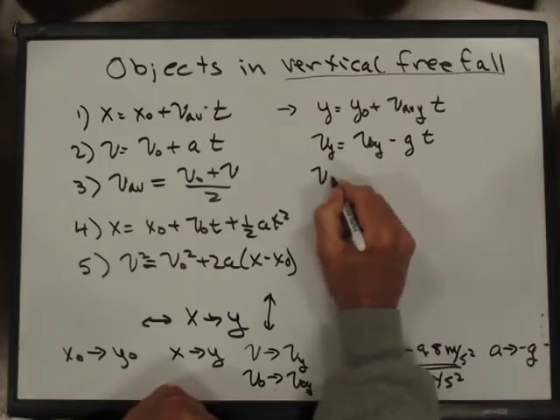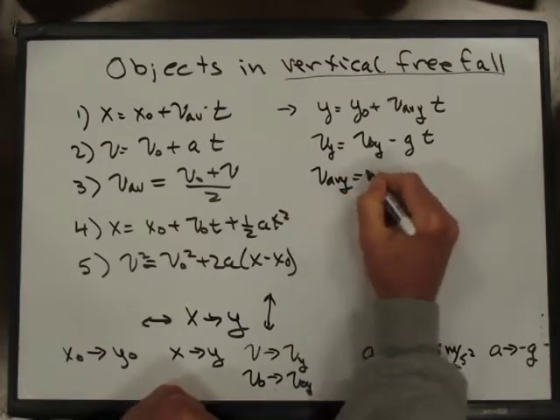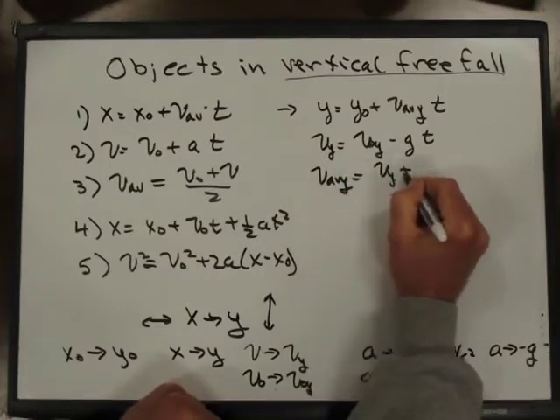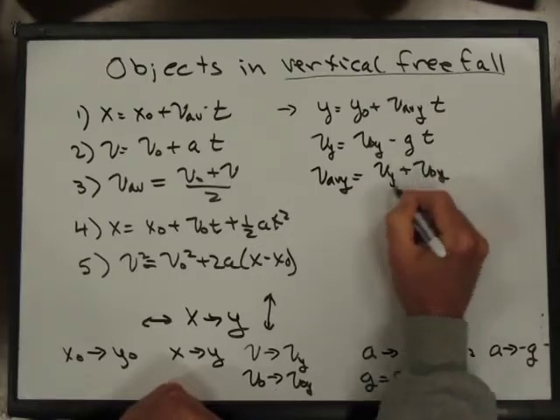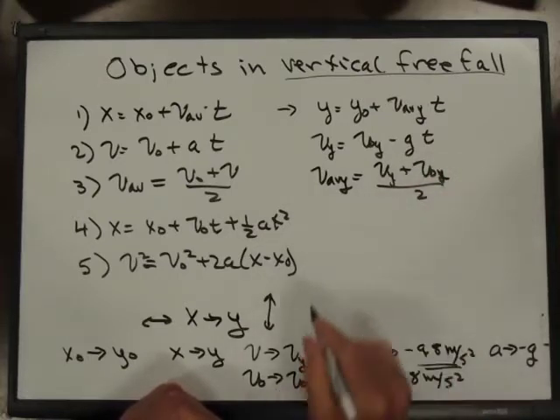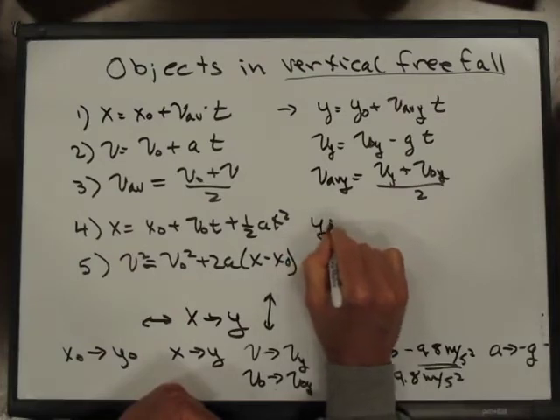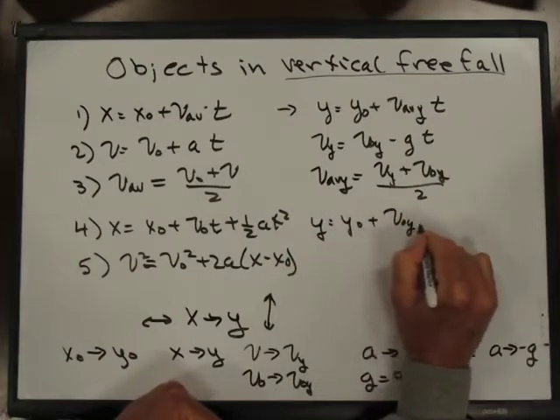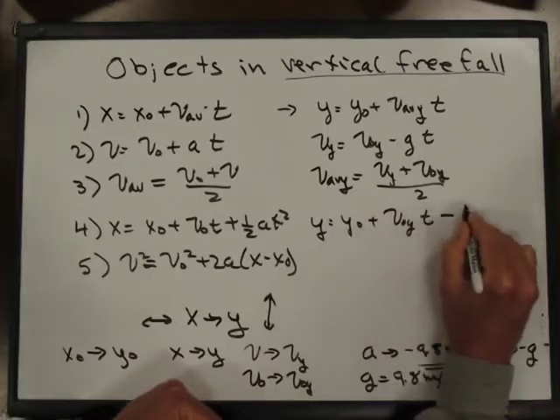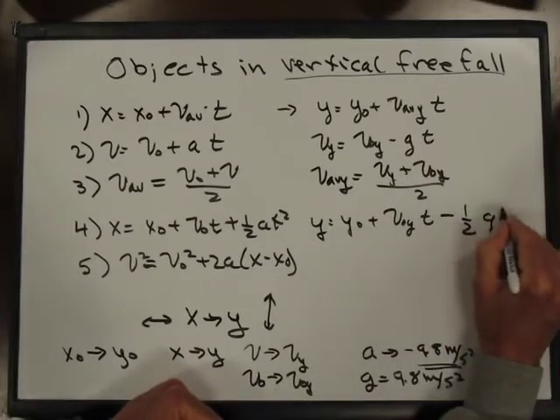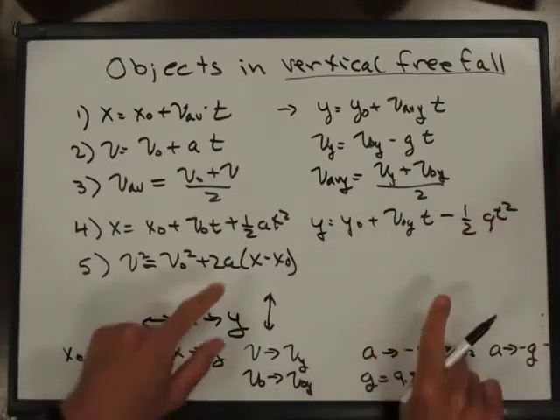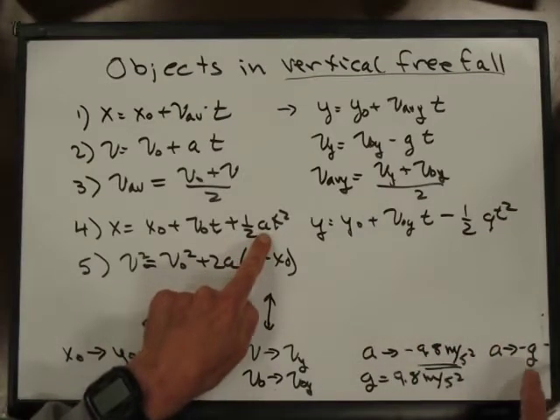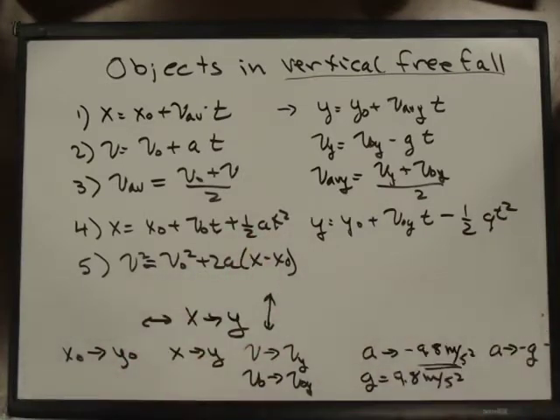This becomes v average y is equal to vy plus v naught y over 2. This becomes y equals y naught plus v naught y times time minus 1/2 g t squared. Right? I've replaced the a with minus g, and that looks like that.